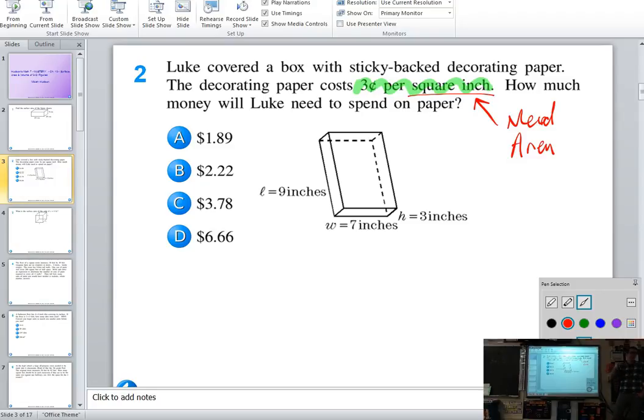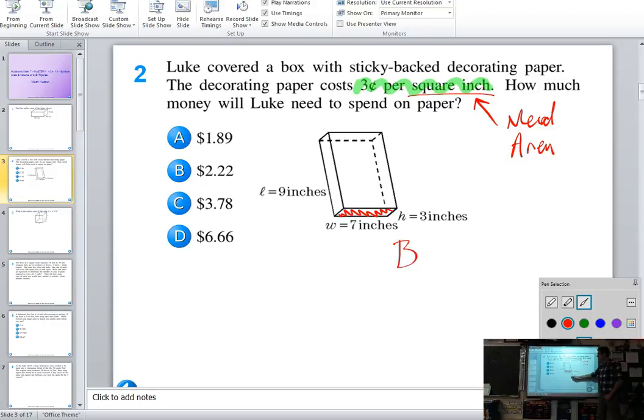And if we're covering the whole thing, then do the area of the whole thing. So I can start with really whatever we want. Let's do bottom first. Some people treated the bottom as the big rectangle. That's fine. It doesn't matter. What you have to make sure is that you use each edge length twice.